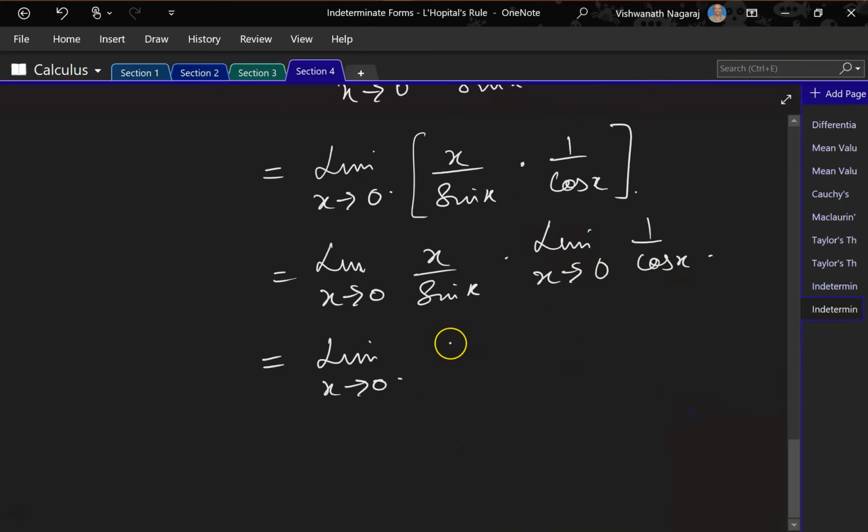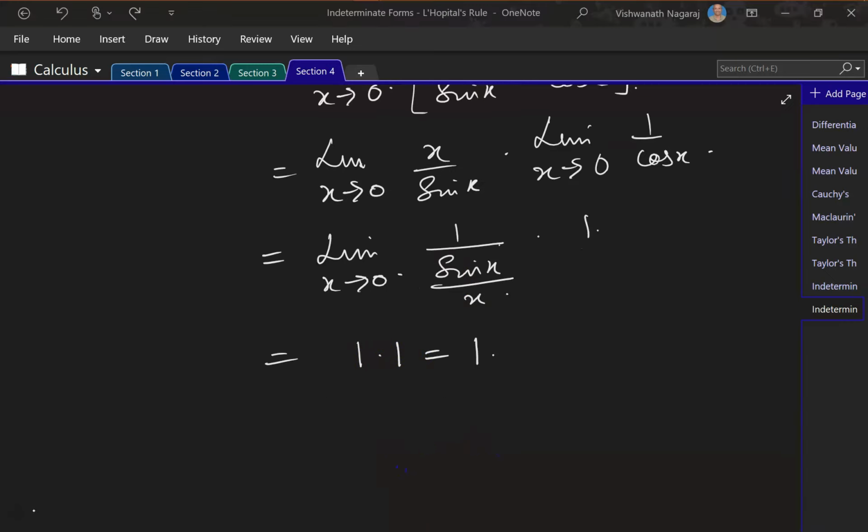We will take x below, so sin x by x, right, times this is 1, and this denominator part, limit as x approaches 0 of sin x by x is 1. So 1 by 1 is 1 times 1, which is 1.